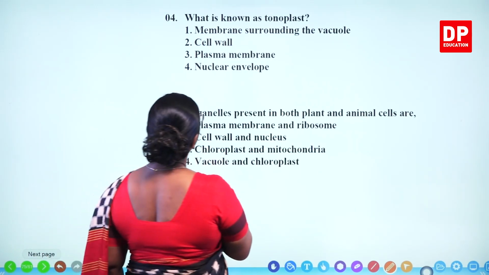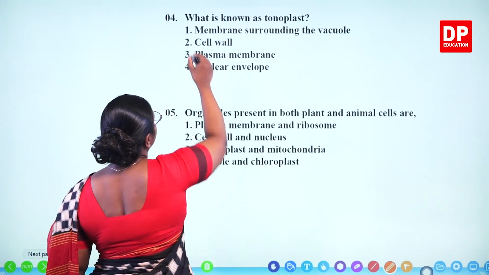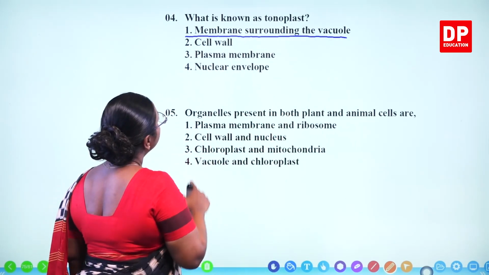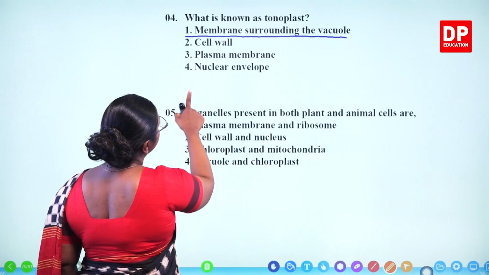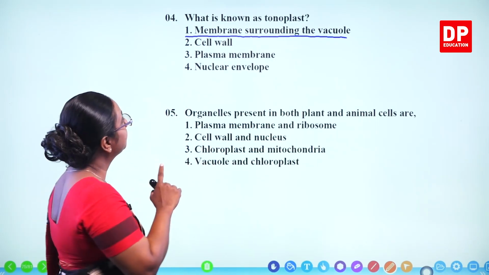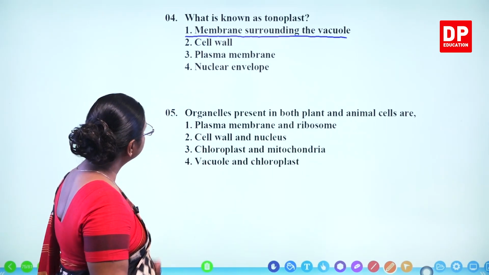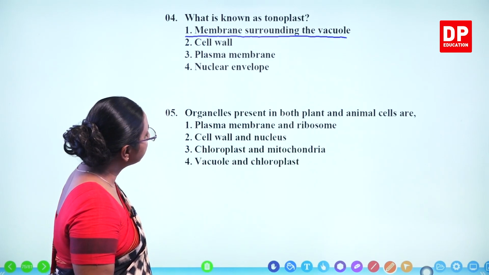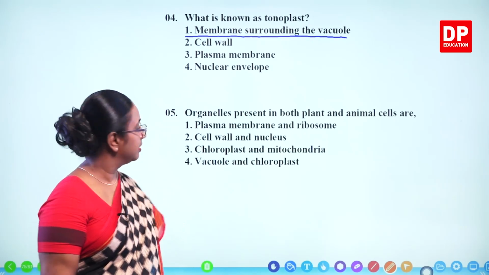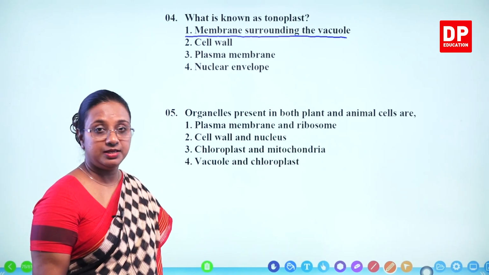Now if we look at the answers, membrane surrounding the vacuole, that is the correct answer. Cell wall, no. Plasma membrane, nuclear envelope. Those are also membranes, but they are not called tonoplast. Fifth question. Organelles present in both plant and animal cells are plasma membrane, yes, and ribosome, yes.